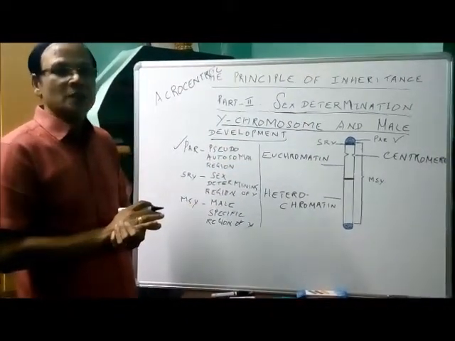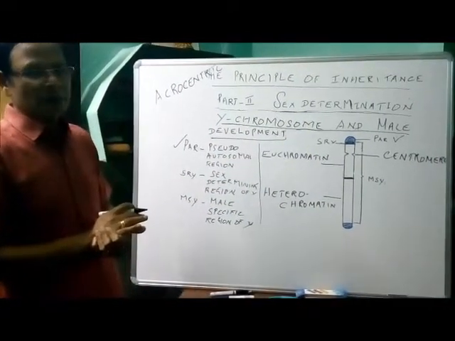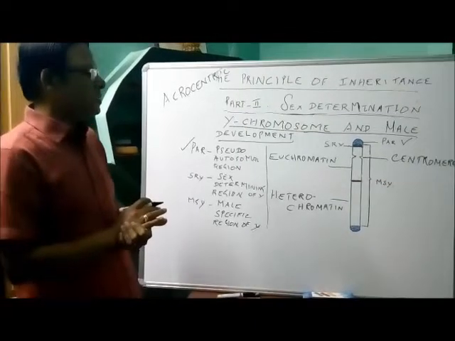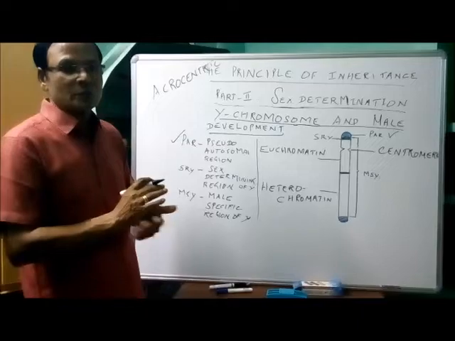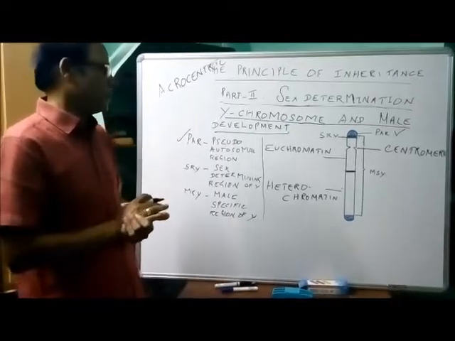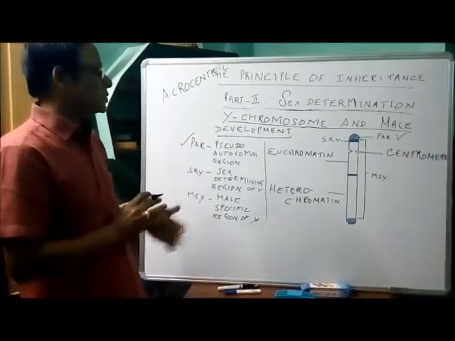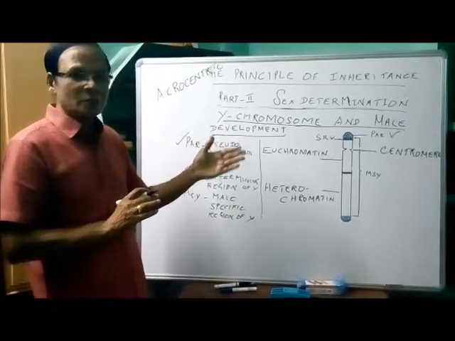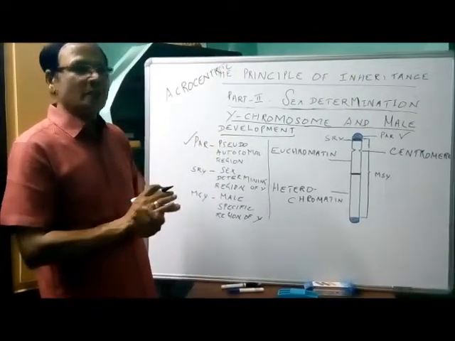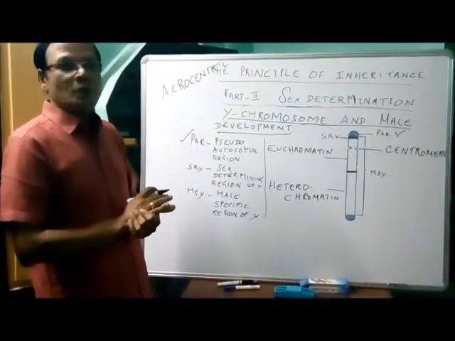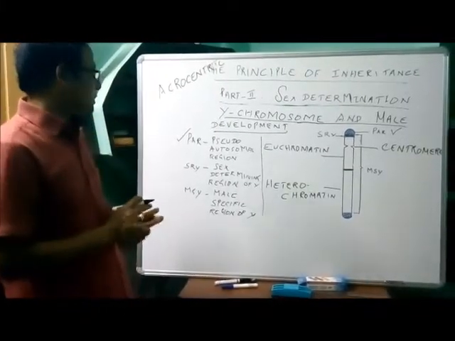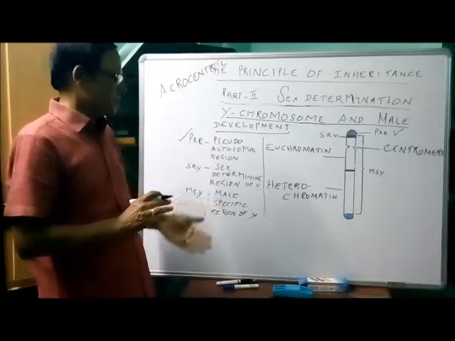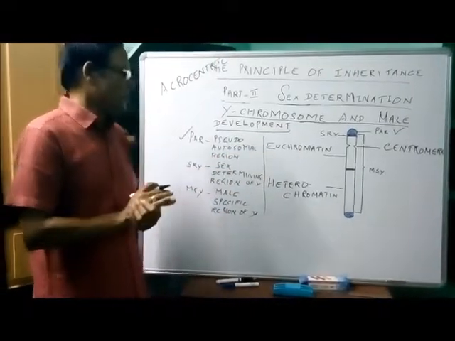That means crossing over occurs between these two regions. Both are homologous. That's why it's called pseudo-autosomal region: similar to autosomes, but with a homologous counterpart on the X chromosome, present at the tips of the Y chromosome.